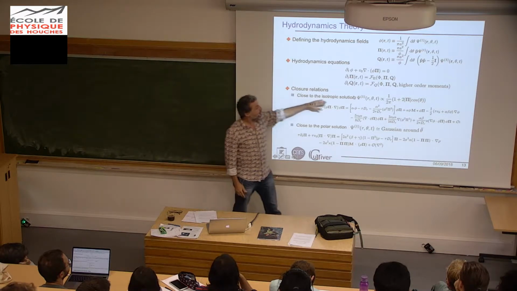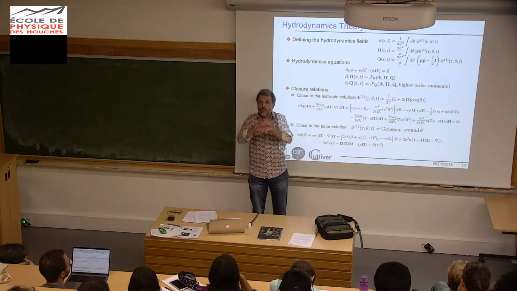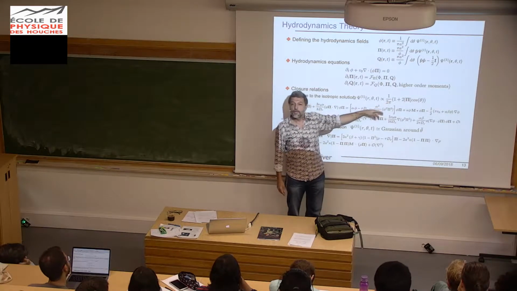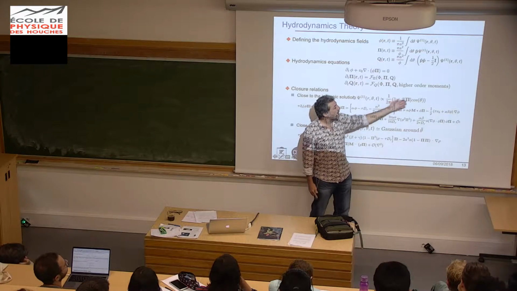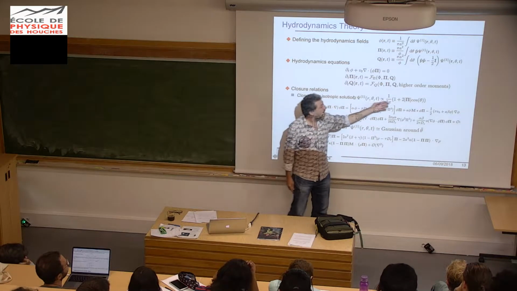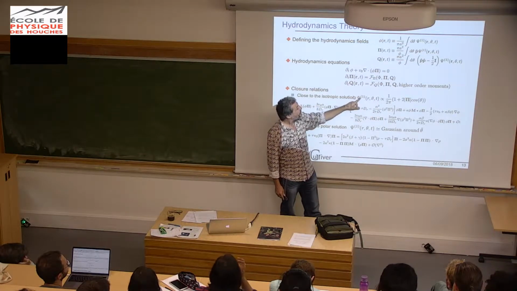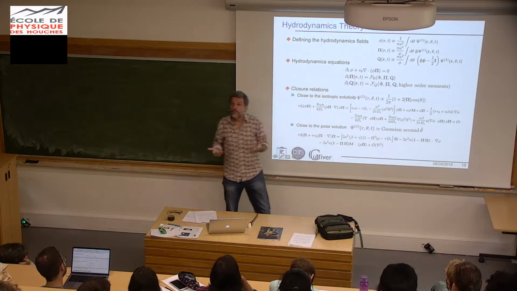So close to the isotropic solution, you say it's almost isotropic, so the distribution should be almost uniform, 1 over 2 pi in 2 dimensions, 1 over 4 pi in 3 dimensions, and then you just make an expansion in the variation of the angle, so that's the only linear term that is compatible with the fact that the integral of psi1 must be the average orientation.